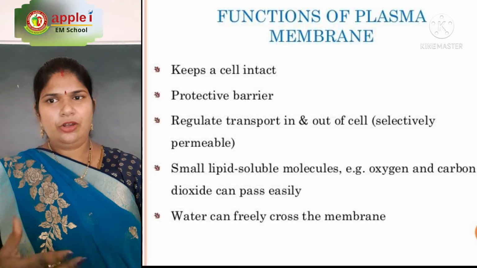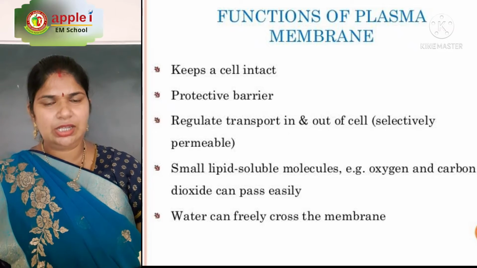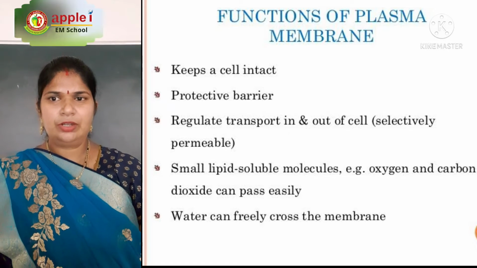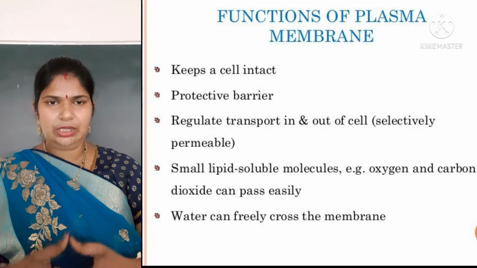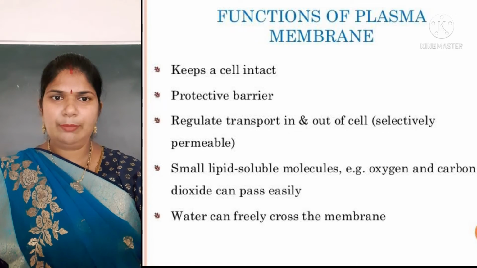For example, oxygen and carbon dioxide can pass very easily through this porous membrane called the cell membrane. It also allows water to move freely across this membrane. So that is the function of the cell membrane.